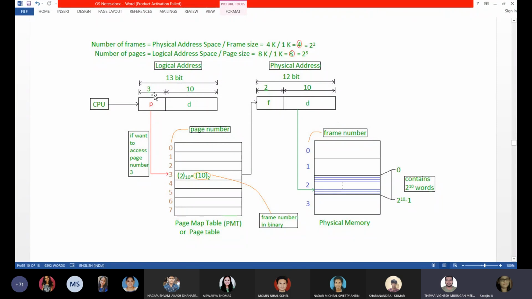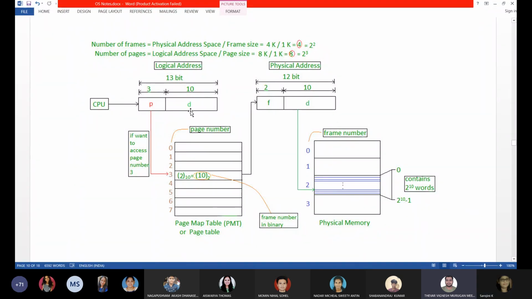Here what they have given is the size of the address. The total size of the logical address is 13 bits, 10 plus 3. In that, the first 3 bits denote the page number and the next 10 bits denote the offset.